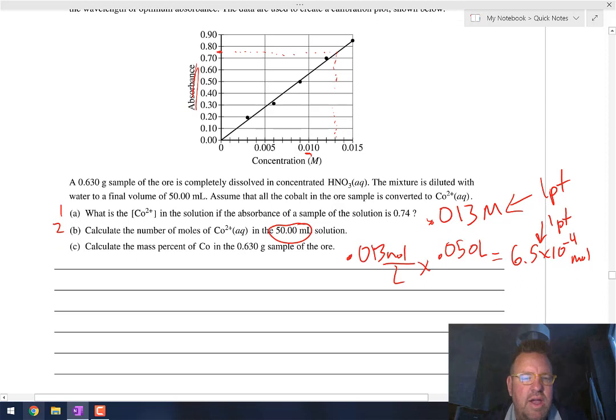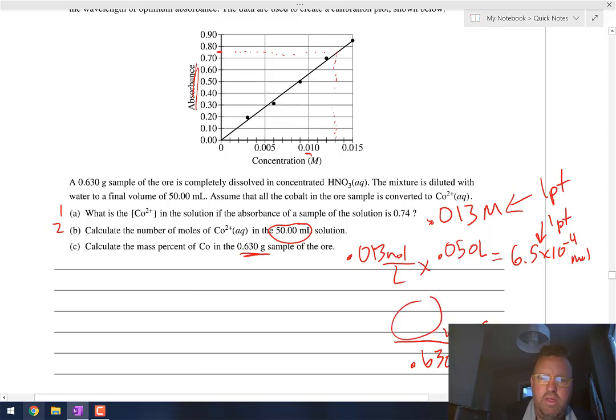Then part C, calculate the mass percent of cobalt in 0.630 gram sample of that ore. So that means that we need to get the mass of the cobalt over the mass of the whole thing. So we're going to put 0.630 grams of the ore on the bottom. So really, we just need the mass of the cobalt.